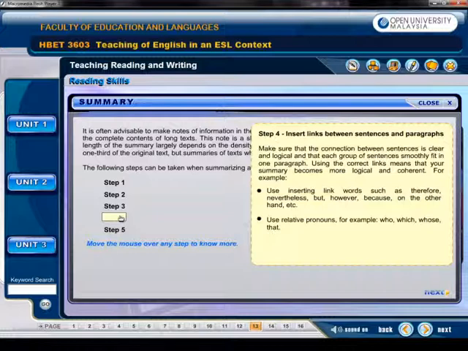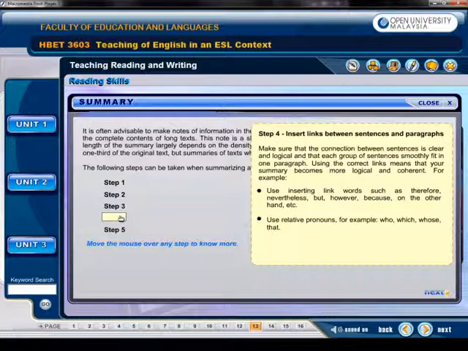For example, use inserting link words such as therefore, nevertheless, but, however, because, on the other hand, etc. Use relative pronouns, for example, who, which, whose, that.